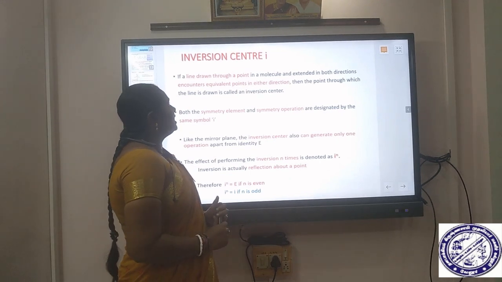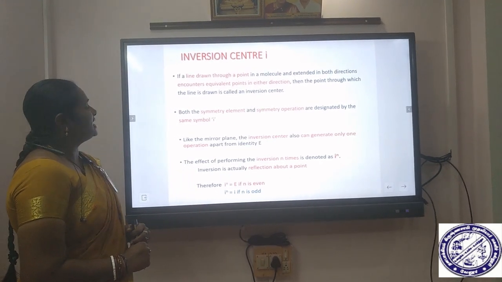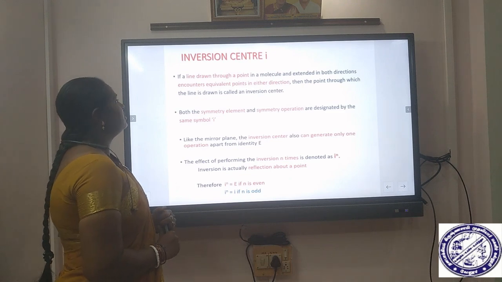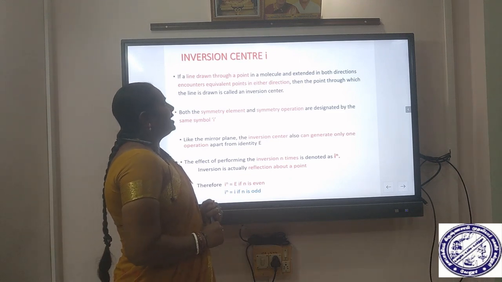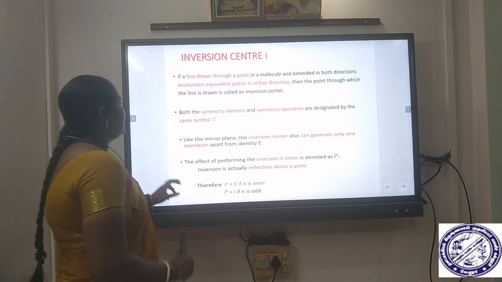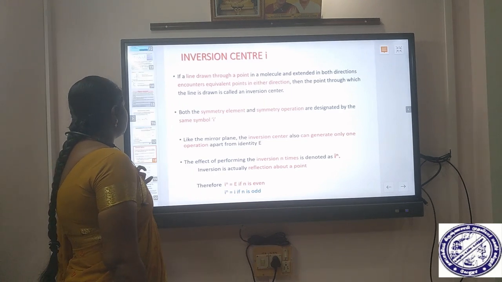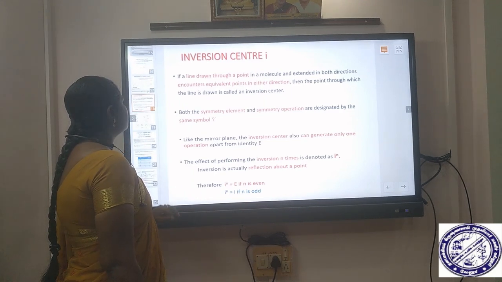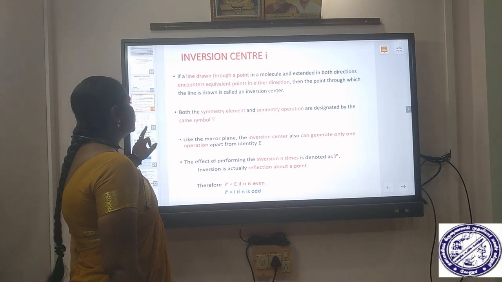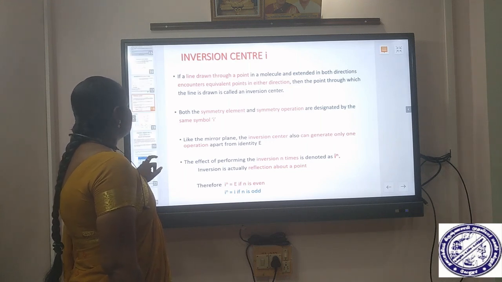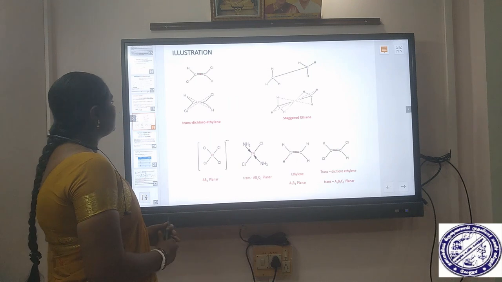Next we are going to see the inversion center. The inversion center is a point in a molecule such that a line drawn through it and extended in both directions encounters an equivalent point; then the molecule possesses a center of symmetry. It is denoted by the symbol i.